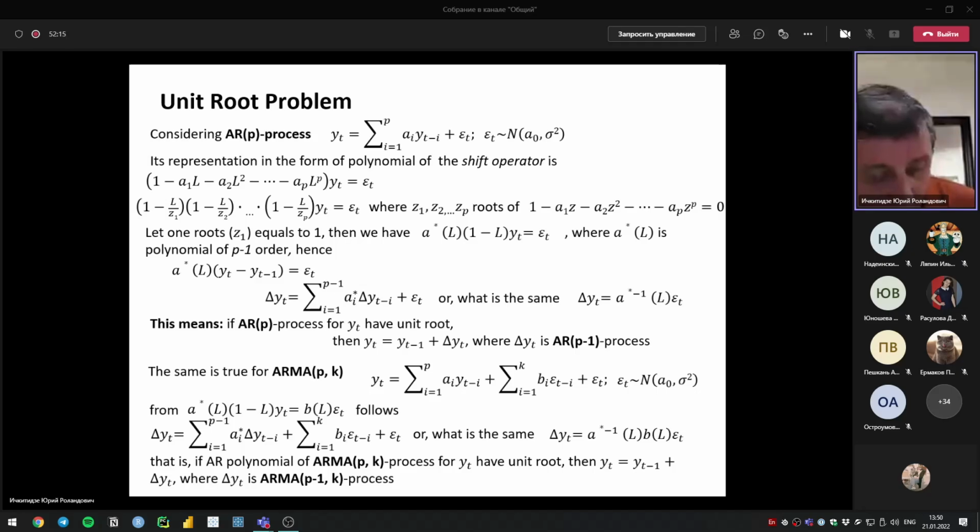Here is what we got. If we multiply 1 minus L by yt, then we get a polynomial of degree p minus 1 multiplied by yt minus yt minus 1 equals epsilon.